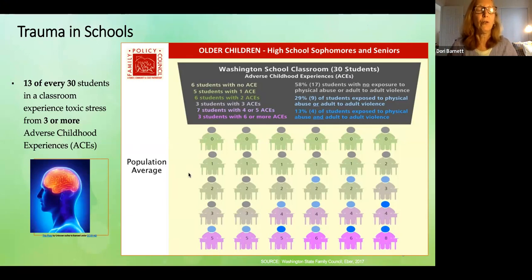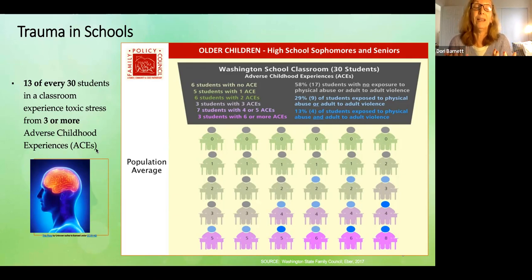But here are some facts about trauma in schools. Some of you are working to move towards special ed, and a couple of you might be in special ed, but in a typical general ed classroom, research shows that 13 students out of a typical 30 have experienced at least a couple of what we call adverse childhood experiences, which are basically experiences from early infancy up to age 18 that are considered traumatic.